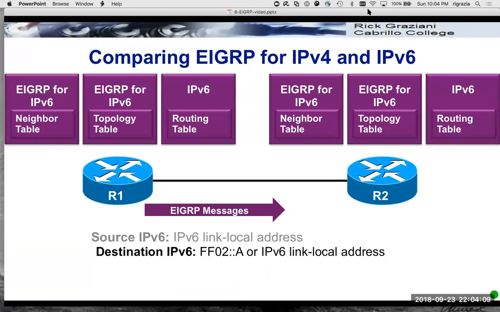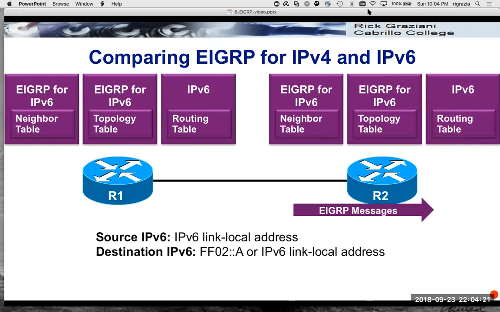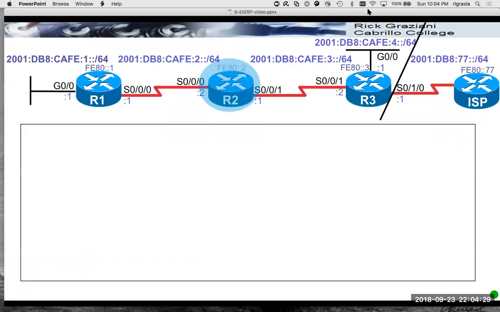Okay, we talked about EIGRP messages being sourced from the link local address of the router. That's why you see link local addresses in IPv6 routing protocols. And the destination address is either the multicast address or could be the link local address if it's a unicast to the destination router. Okay, here's our topology.